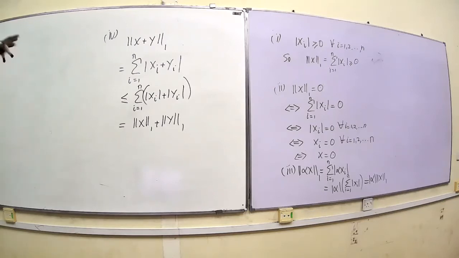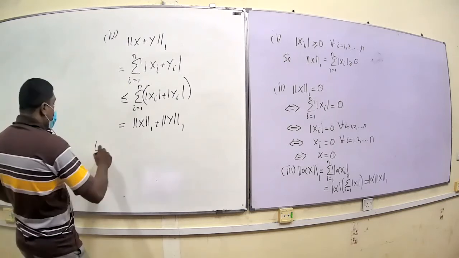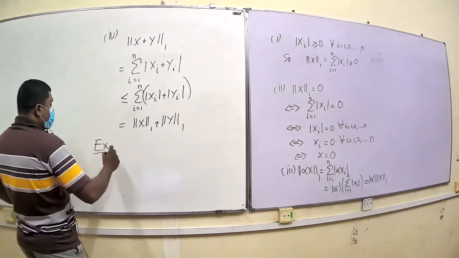So we will not focus on proving this kind of result. Just for your information, I gave you one proof, but in general, we will not focus on this kind of thing. We will only focus on how to compute the norm and how to use the norm. Right? So let me show an example of one norm.